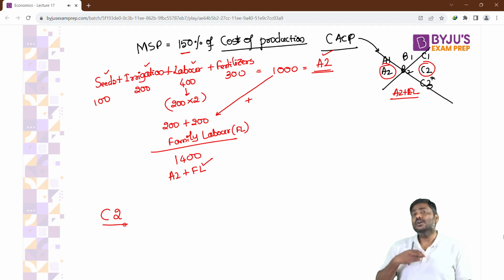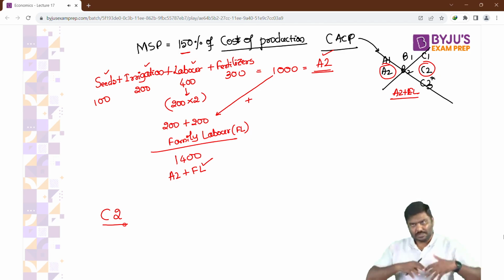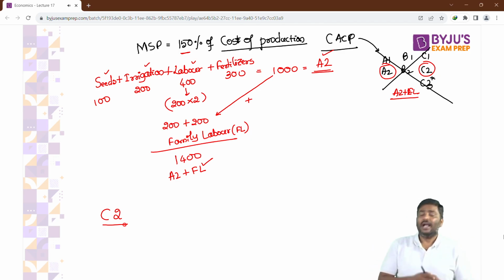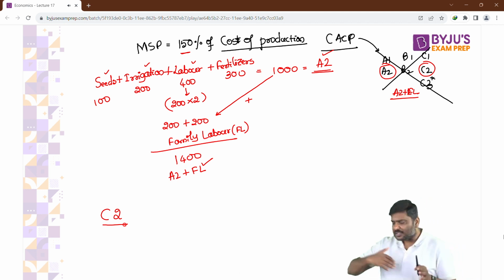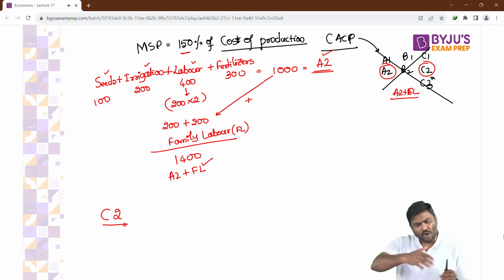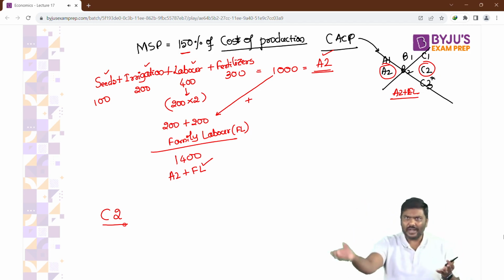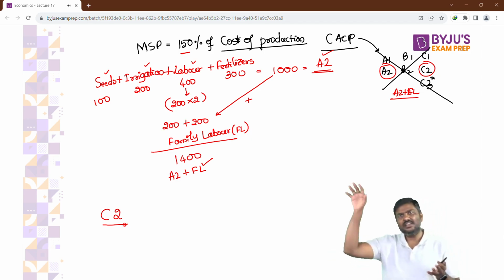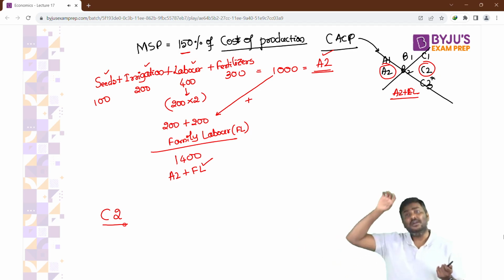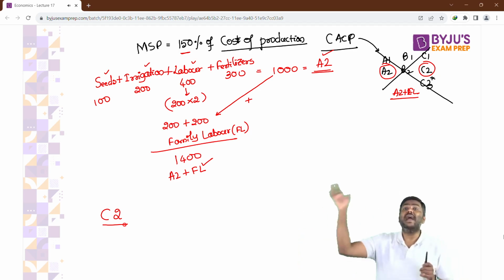Third one is C2, concept of comprehensive, one more type of costing. Now what is this C2? C2 is much bigger, much more comprehensive. What CACP says is, I will consider all these expenditures. How much money was paid out from my pocket on seeds, fertilizers, plus labor, plus family labor.